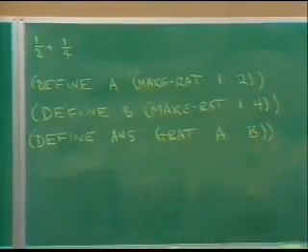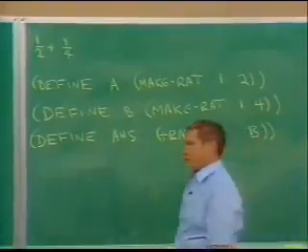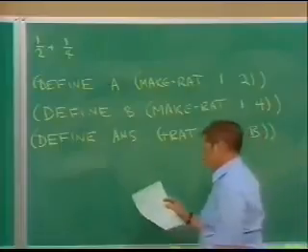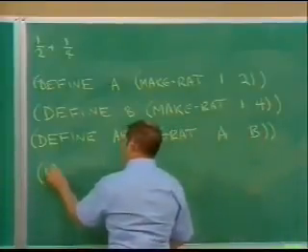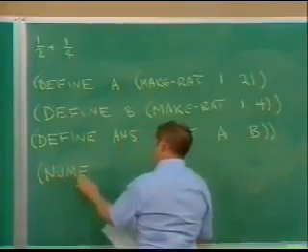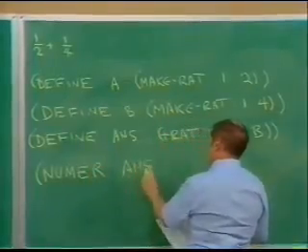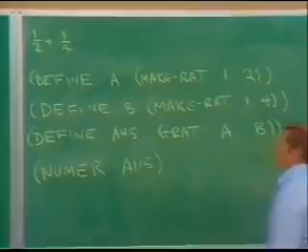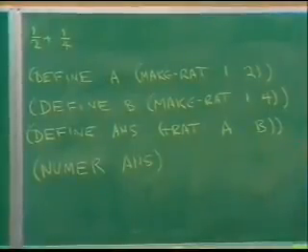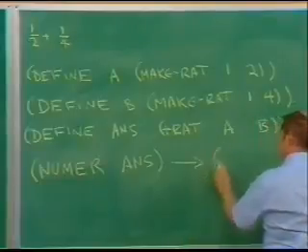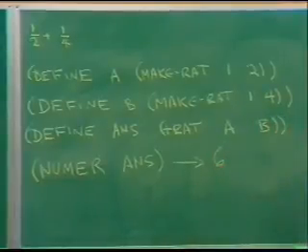And now I can say, what's the answer? What are the numerators and denominators of the answer? So if I'm adding 1/2 and 1/4, I'll say, what is the numerator of the answer? And the system is going to type out 6. Bad news.